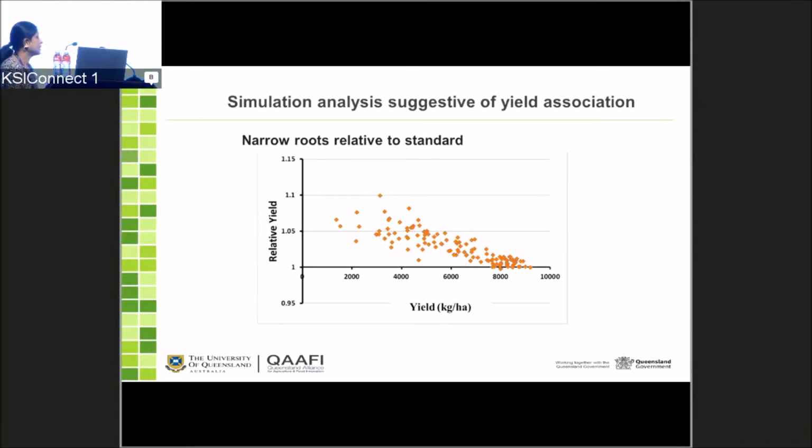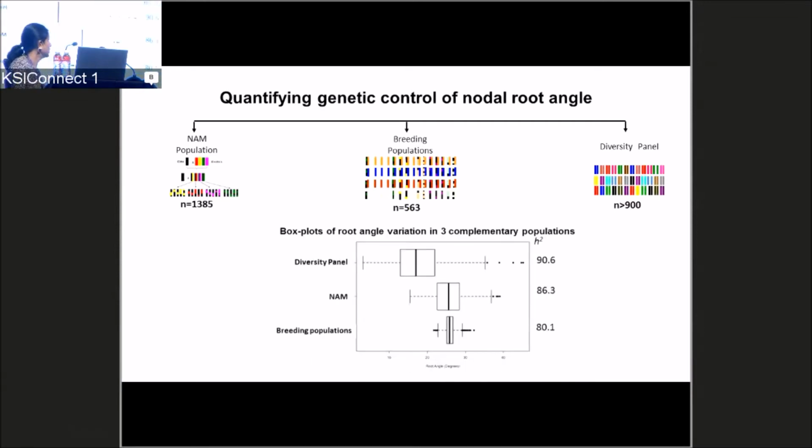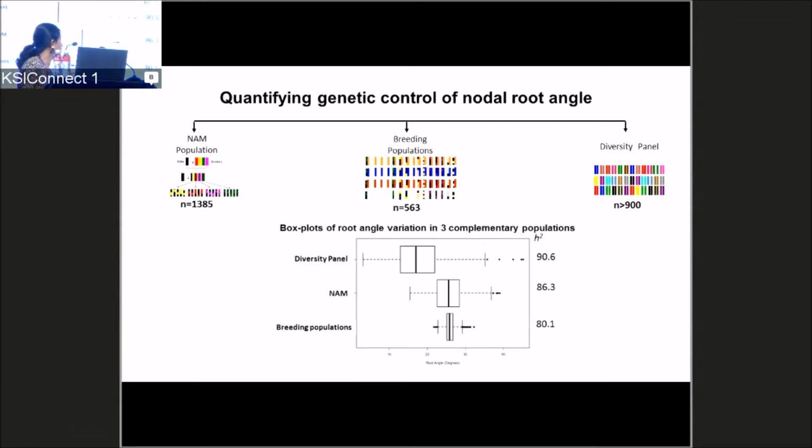Recently we have screened around 3,000 lines from 3 complementary populations developed by the sorghum breeding program in Australia. This box plot shows the variation in nodal root angle in the 3 populations.